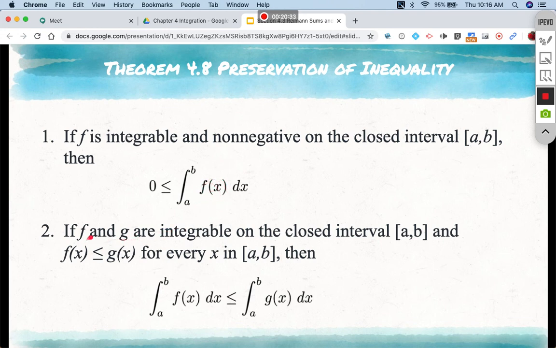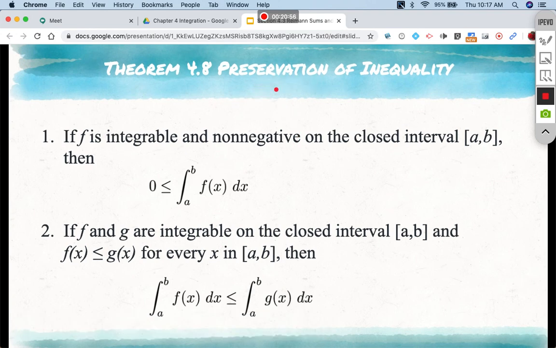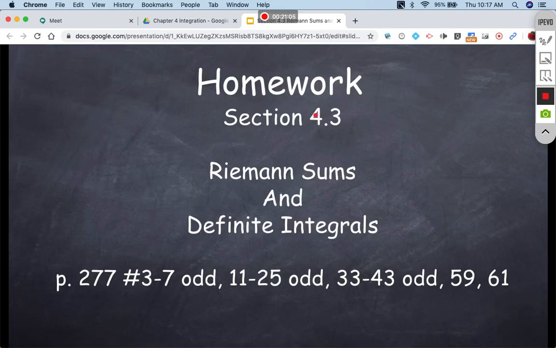Second thing we're saying is that f and g, if they're both integrable on the closed interval, and g is always bigger than f for every x on that interval, then the integral of g is going to be bigger than the integral of f. And that's that preservation of inequality. If the one function is always bigger than the other, then its integral will be bigger than the integral of the other.